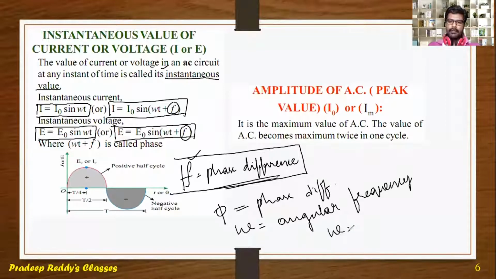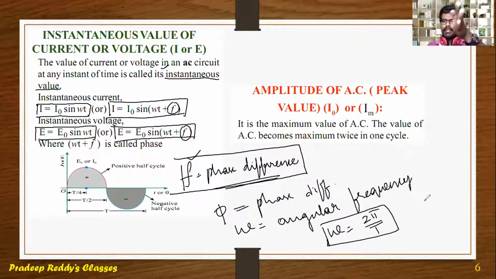Angular frequency, omega is equal to 2 pi divided by capital T. So how fast the coil is able to rotate, that fast one cycle will be completed. Therefore, angular frequency is the number of rotations per unit time, which is omega, and the unit of this is radian per second. And for every cycle, there will be one maximum value and one minimum value.